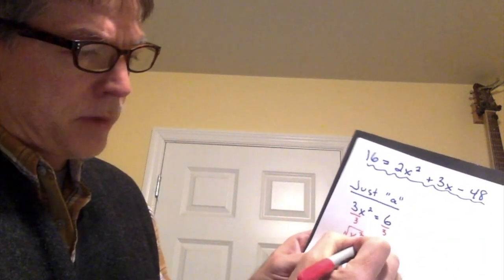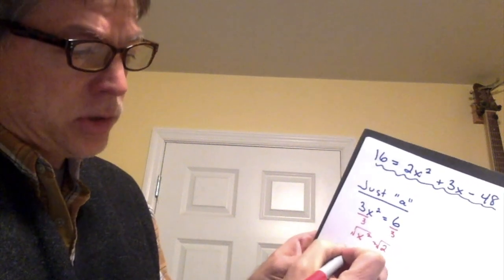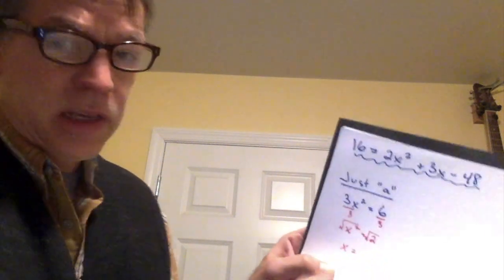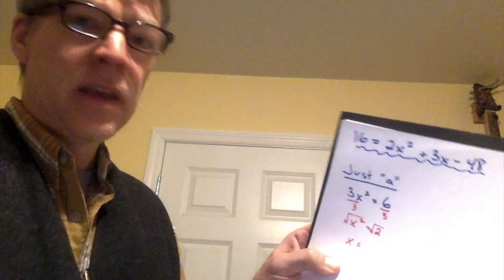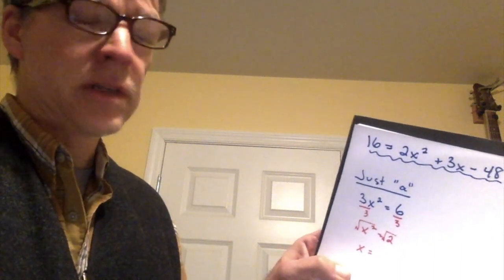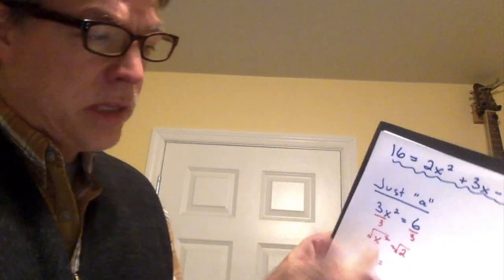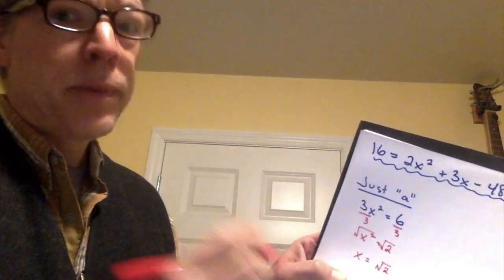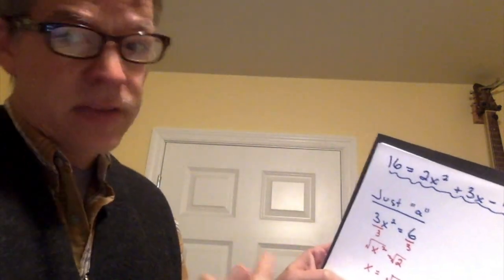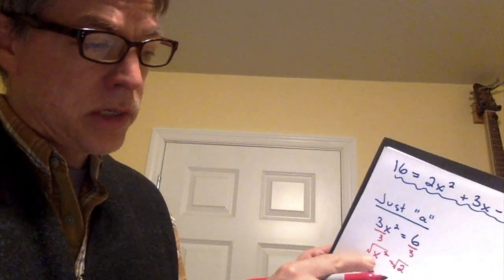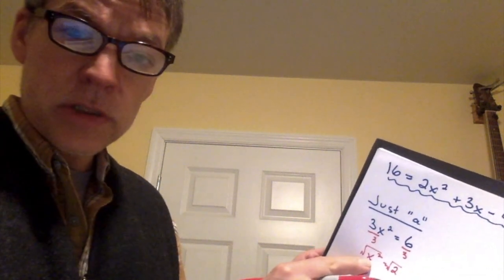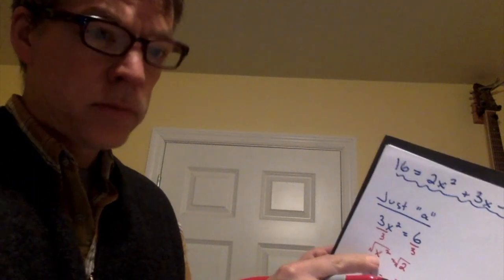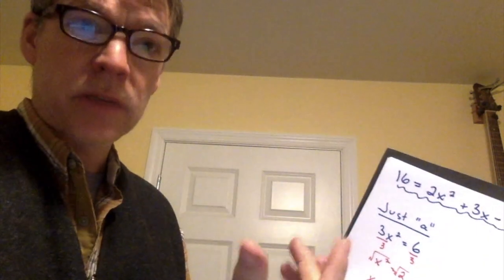So bam and bam. And what I showed you was 2 things. If you're just doing raw math and you're not doing this for carpenters, you're not doing this for a real life thing, you can leave it as a square root sign. Bam. Okay? But also you have to consider the negative case, because it turns out if you put in negative square root 2 in for this x, well, when you square a negative, negative times negative is a positive, right?